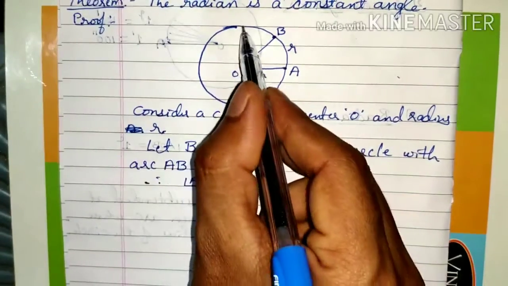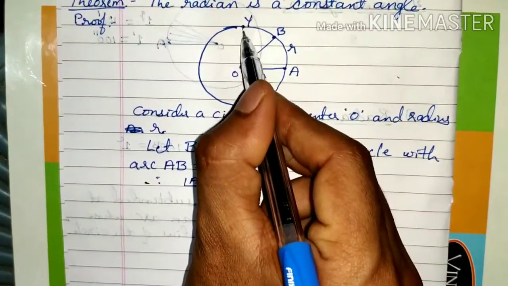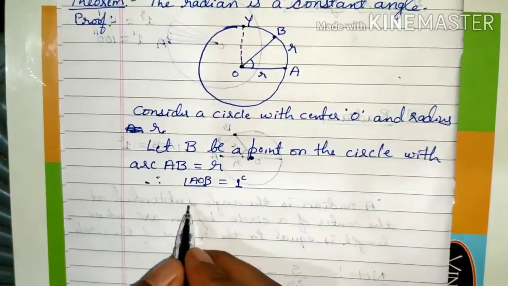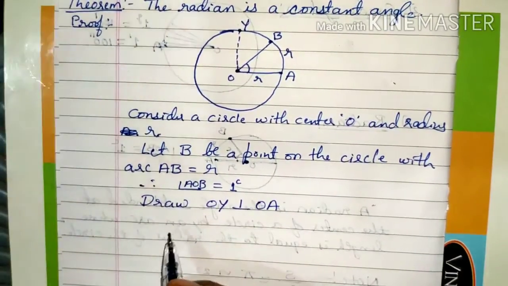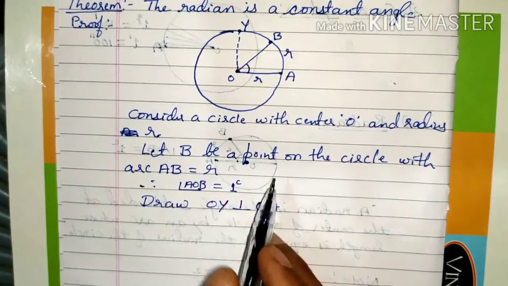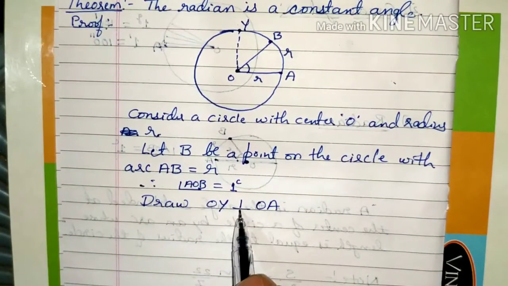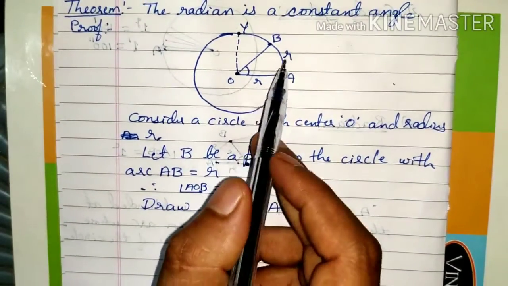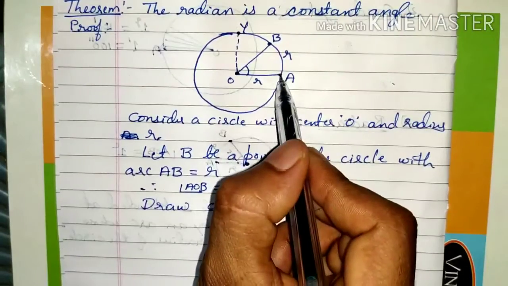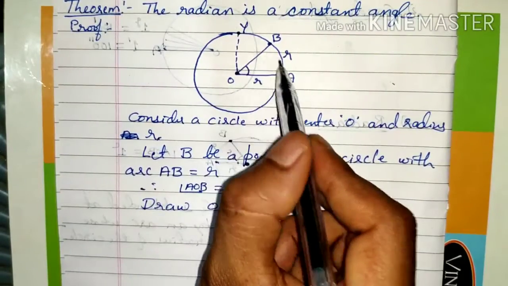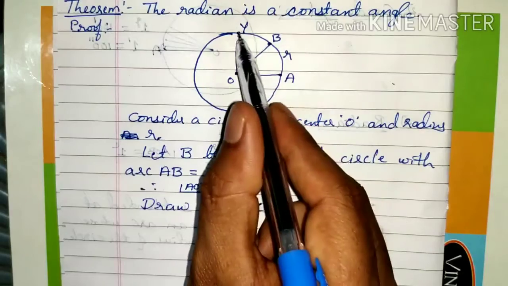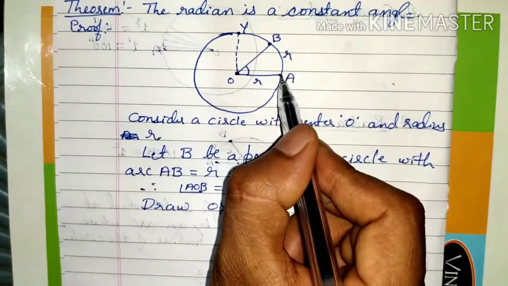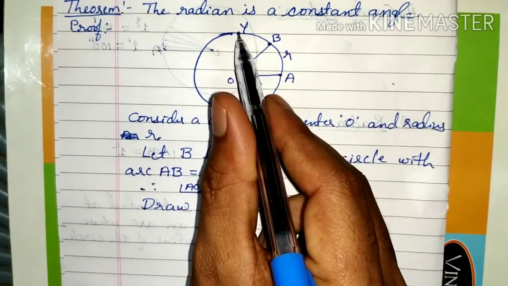Next step is to consider a point Y here such that YO is perpendicular to OA, so that you have to write here. Draw OY perpendicular to OA, so this is the perpendicular sign. Now consider that there are 2 arcs, AB and AY, and there is one more, BY.